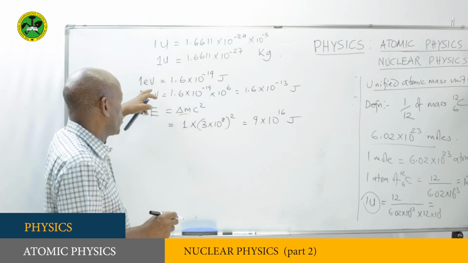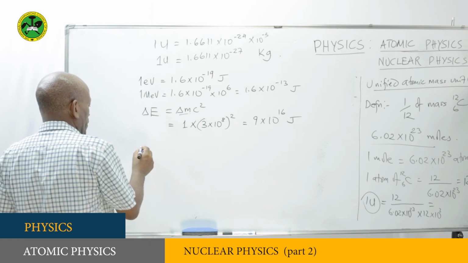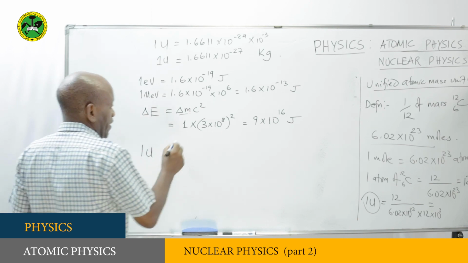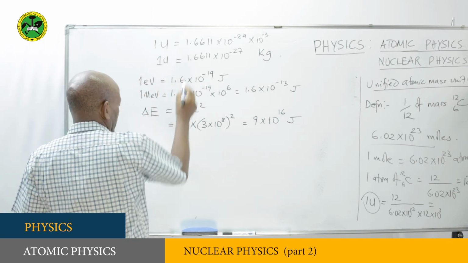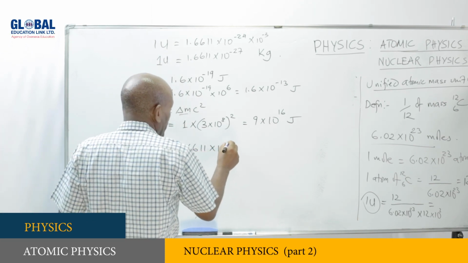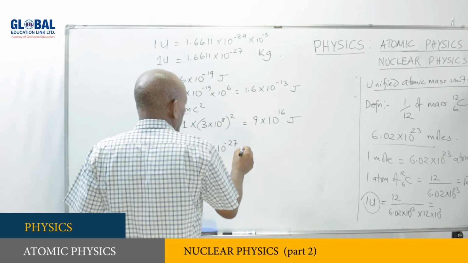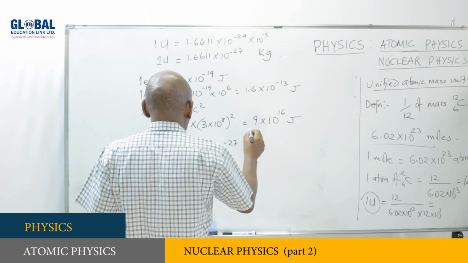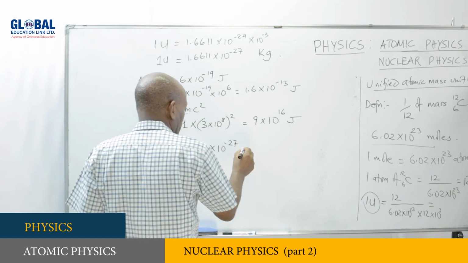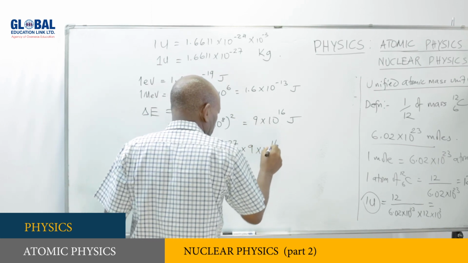Now we need to look at the relationship between a unified atomic mass unit and the actual energy in terms of electron volt. If I'm talking about 1 unified atomic mass unit, then I need to multiply 1.6611 times 10 power negative 27 kilogram with the energy that can be produced by a kilogram of mass, which is 9 times 10 power 16.